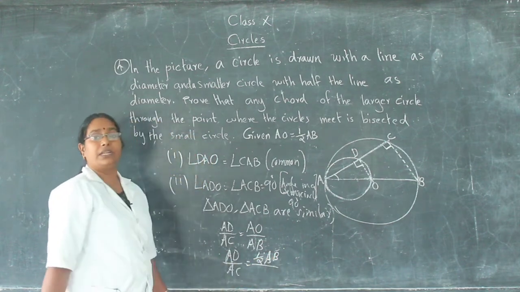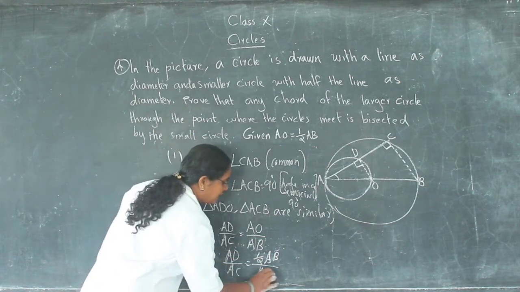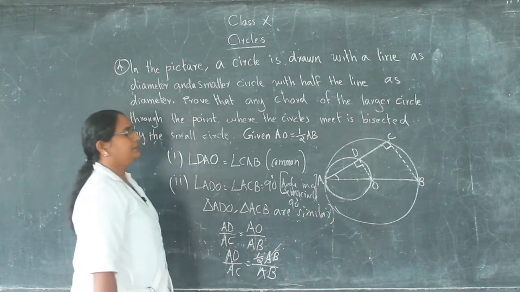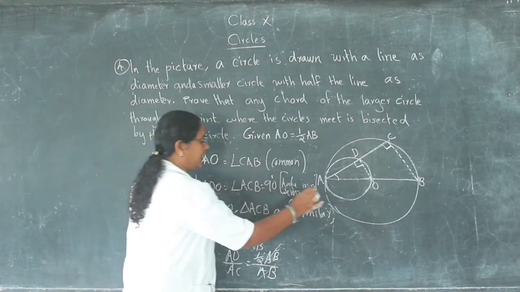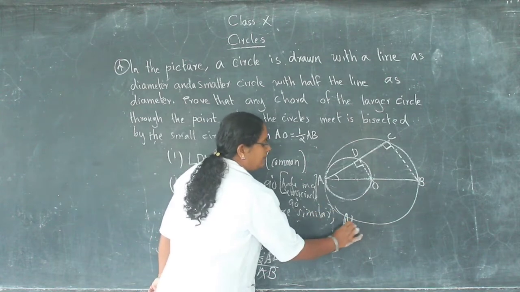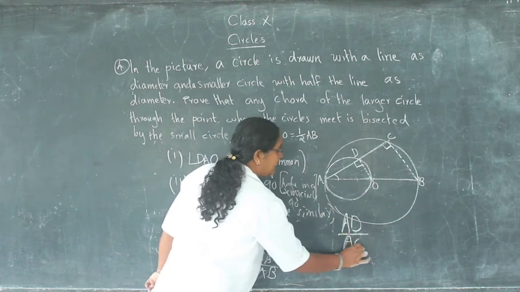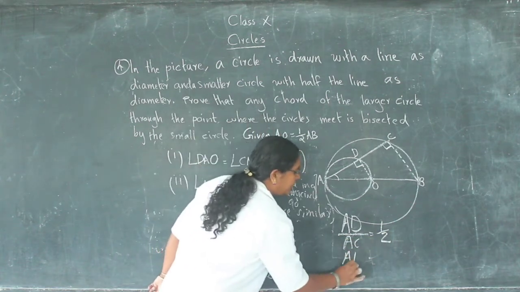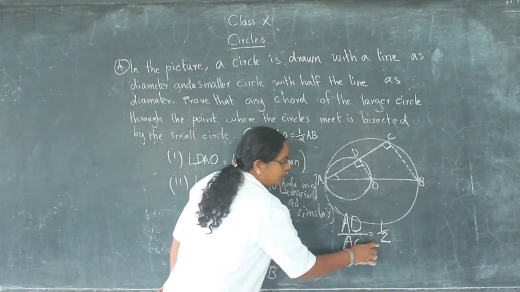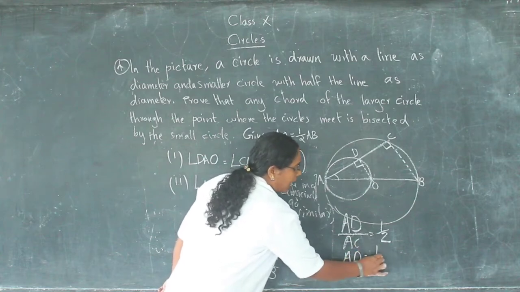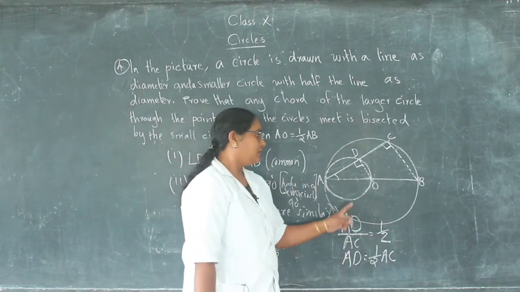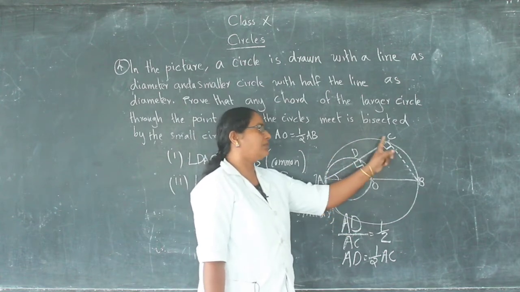So half of AB by AB, AB cancels. Therefore we get AD by AC equals half. Therefore AD is equal to half of AC.